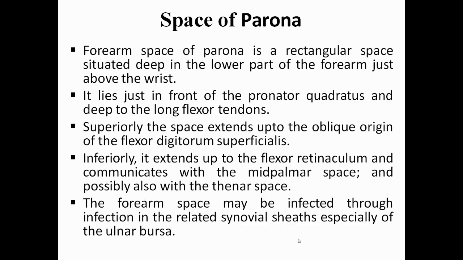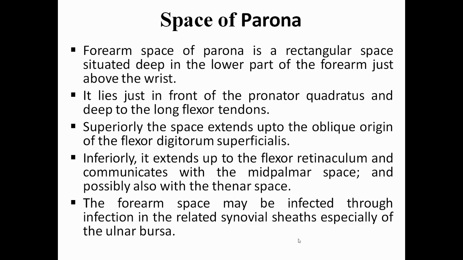Now we'll see the space of Parona. The forearm space of Parona is a rectangular space situated deep in the lower part of the forearm, just above the wrist. It lies just in front of the pronator quadratus and deep to the long flexor tendons. Superiorly, the space extends up to the oblique origin of the flexor digitorum superficialis.